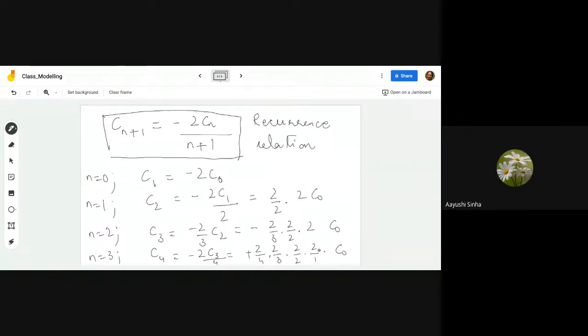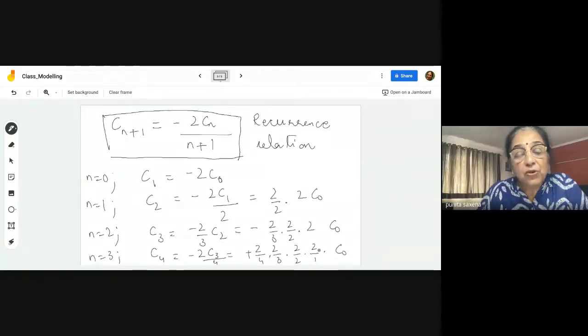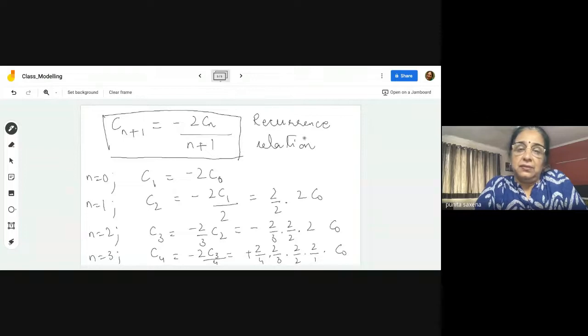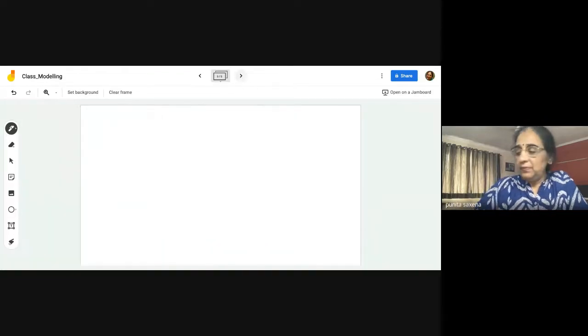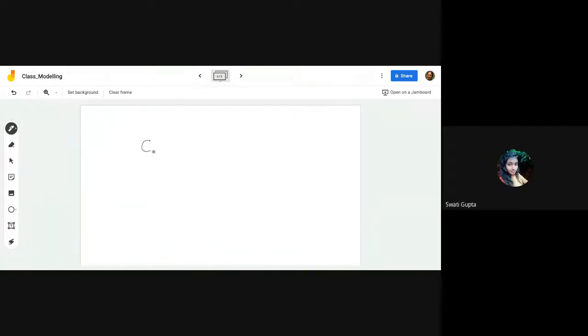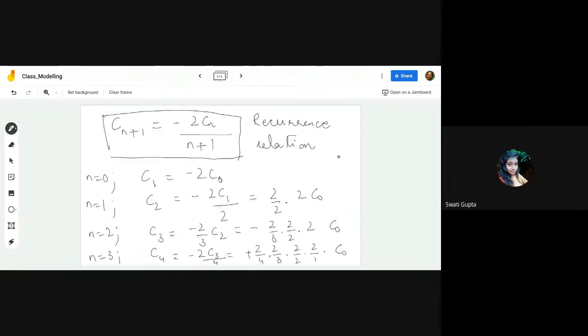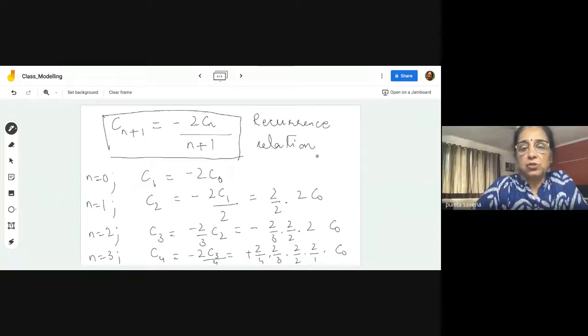Yes, ma'am. Can you write your Cn now, a generalized formula for Cn? I want to write Cn in terms of C naught. Ma'am, 2 factorial and C naught. No, it's not just 2 by factorial n.